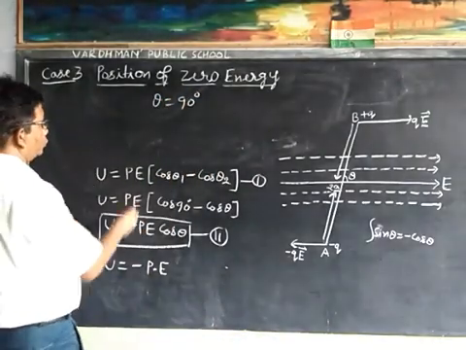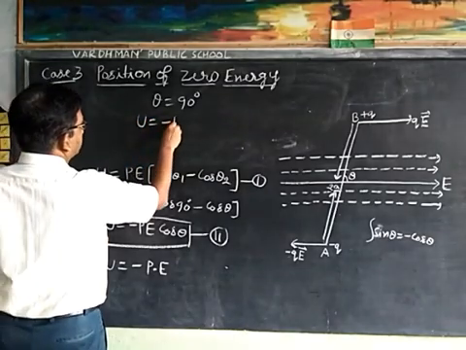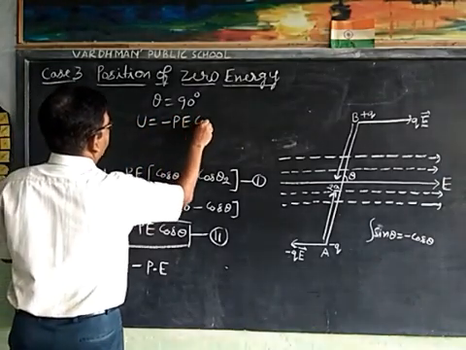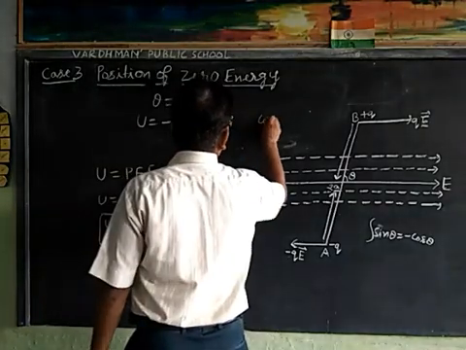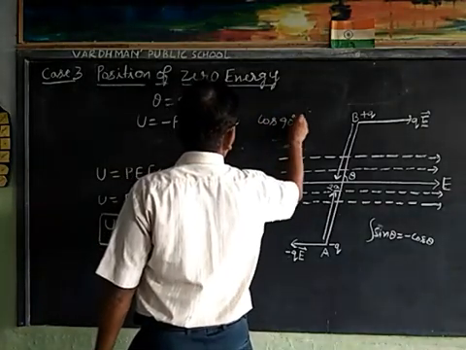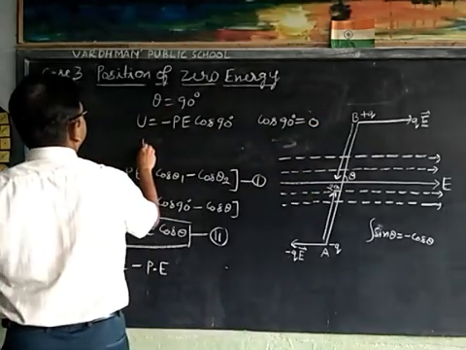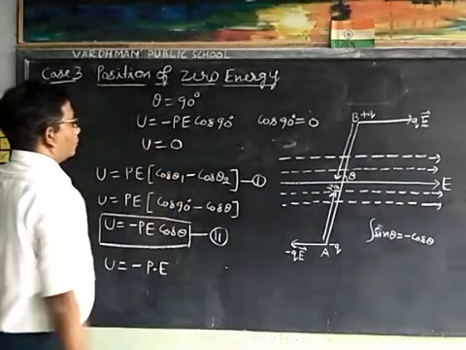Thus U is equal to minus pE cos 90. Cos 90 is equal to 0. Therefore U is equal to 0.